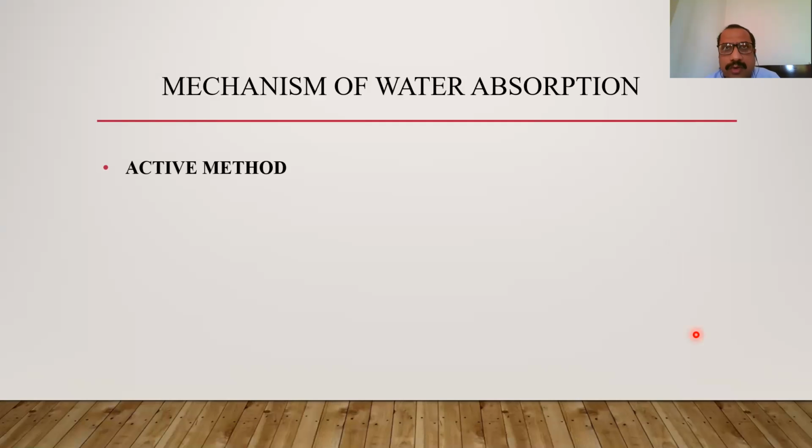Now we have studied the phenomenon of diffusion, the movement of any substance from the region of higher concentration to the region of lower concentration. If the phenomenon is reverse, that is, if it is the movement against the concentration gradient, from the region of lower concentration to the region of higher concentration, this is called as the movement against the concentration gradient, movement against the diffusion pressure gradient.